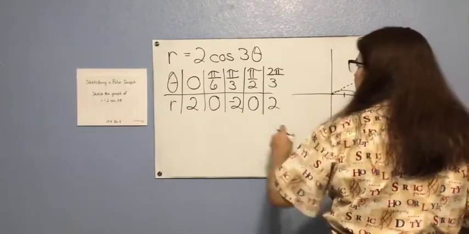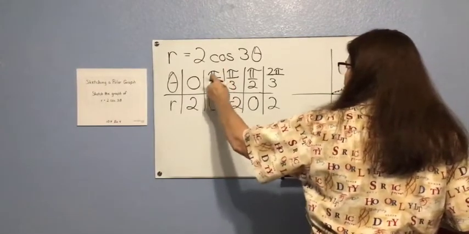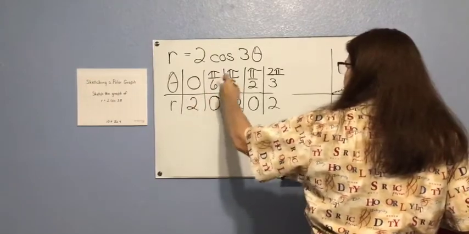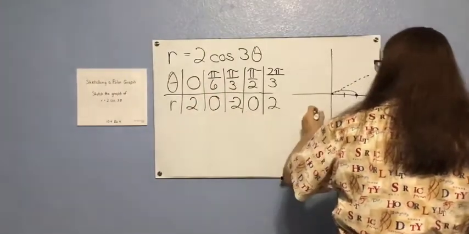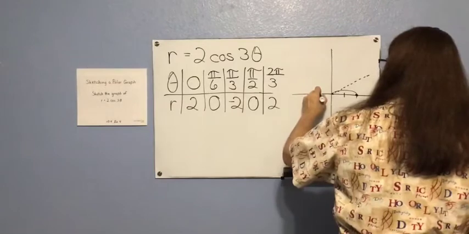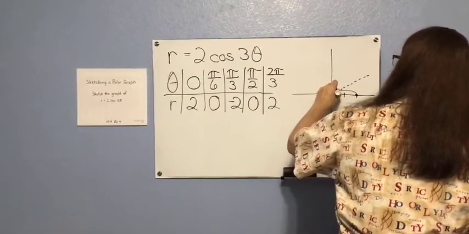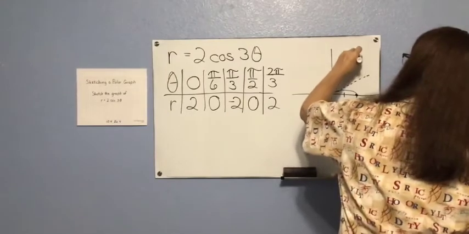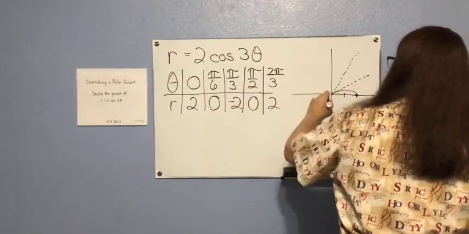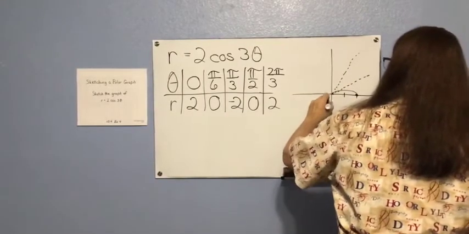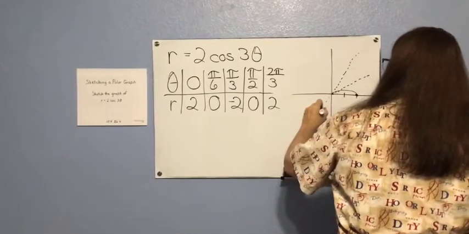And then when we get to pi over 3, we're at negative 2. So pi over 3, about like that. But negative 2 means we're going to be down this way. So about here.